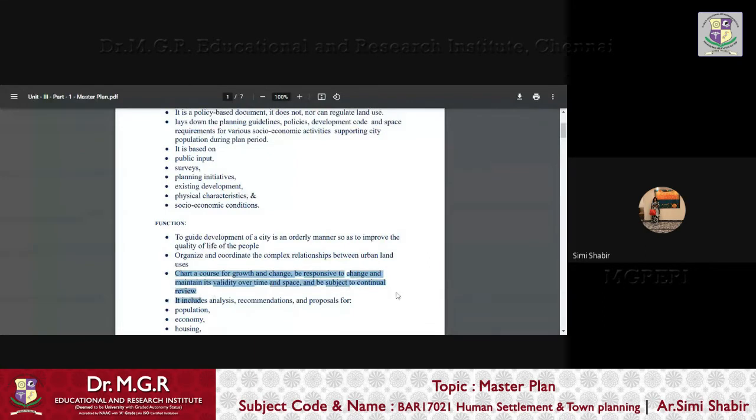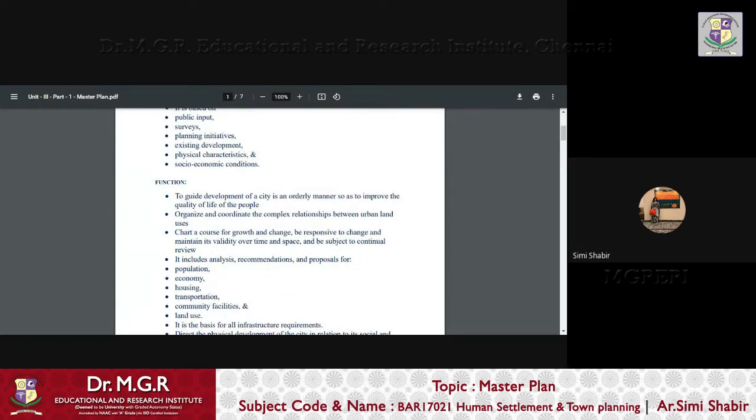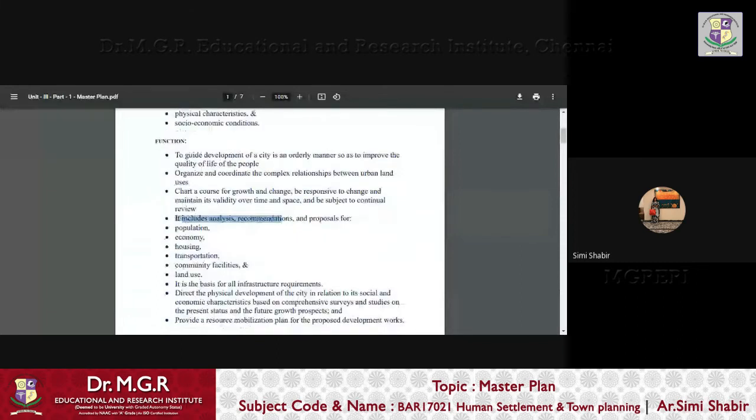Now, this is something very crucial. There is not a fixed policy that is in place. The policies are always subject to change and review. The master plan includes analysis, recommendations, and proposals for population, economy, housing, transportation, community facilities, land use, and it is the basis for all infrastructure requirements for a town or a city.